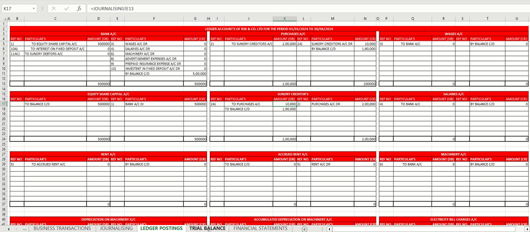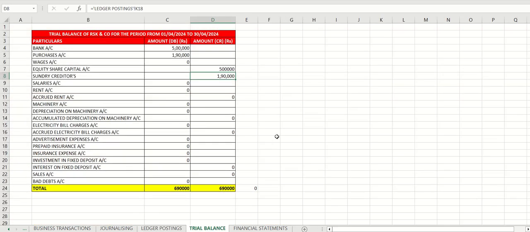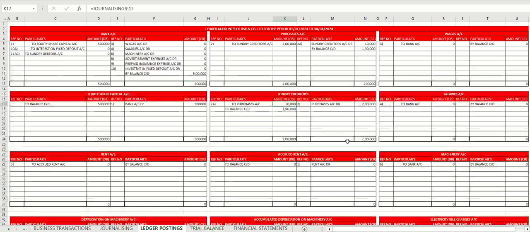Now let's move to the trial balance phase and see how these balances should get reflected in the trial balance. Normally we take the balances from the ledger accounts and the same would be updated in the trial balance.